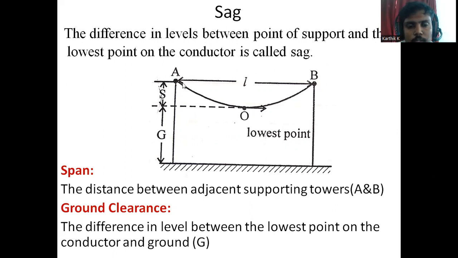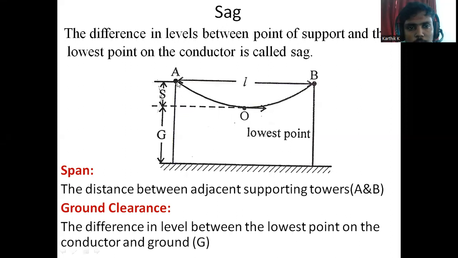Normally, see the diagram here. A is one of the towers, B is one of the towers, or poles. One conductor is used here, connected between A and B. The total length of the conductor is called L. From this diagram, how do you find the sag?